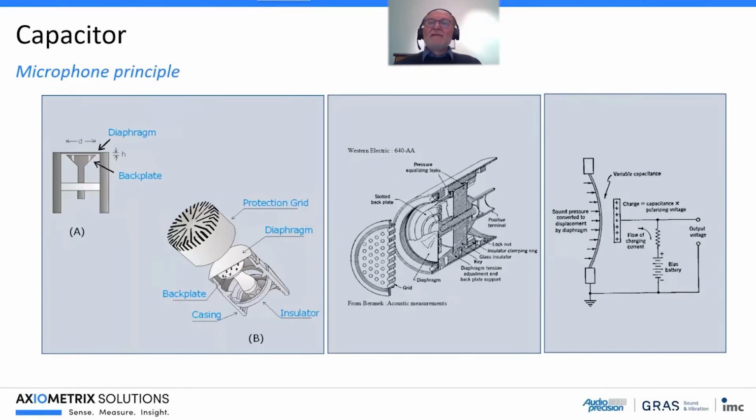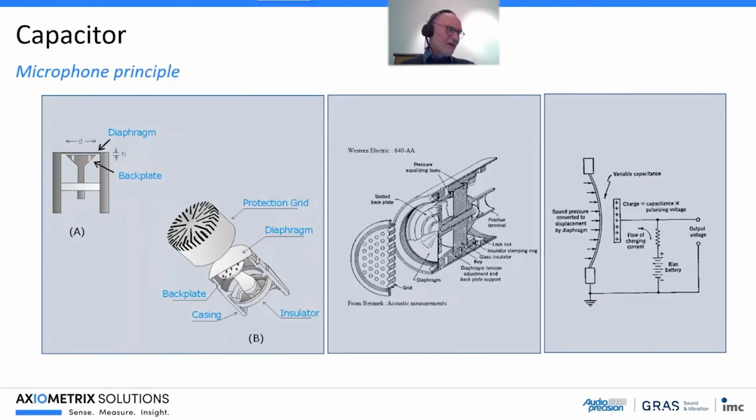If we look at how it works, as we talked about before, the diaphragm will move due to the pressure variation, and when the diaphragm moves, we change the capacitance. For a microphone like the one we are talking about, a measurement microphone, we have what we call a bias voltage, a bias battery, as mentioned here.